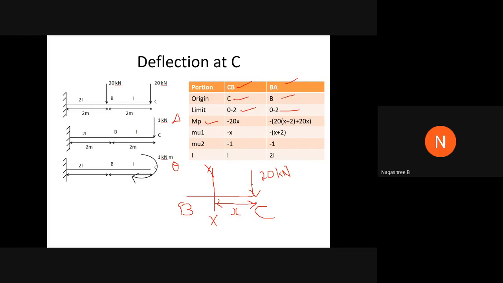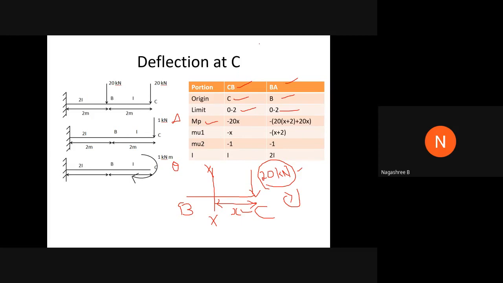Now I need to determine the moment due to this real load of 20 kilonewton at a distance of x from C. It is nothing but force into perpendicular distance. Force is 20 kilonewton, perpendicular distance is x, so it will be 20 into x, going along the force through the line of action. It is in the clockwise direction, and we are going from the right-hand side.